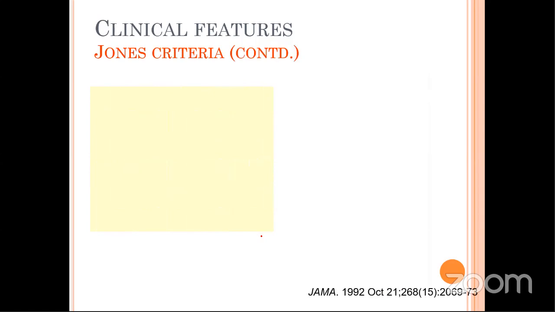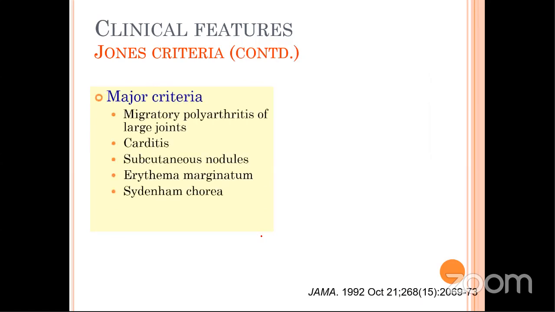Coming to the major criteria. What are the major criteria? Major criteria are migratory polyarthritis of large joints, carditis, subcutaneous nodules, erythema marginatum, and Sydenham's chorea. So these five.